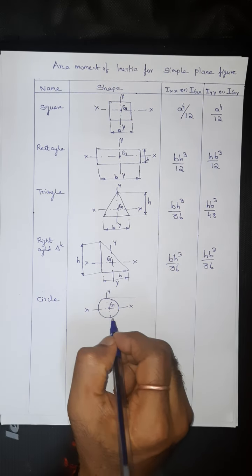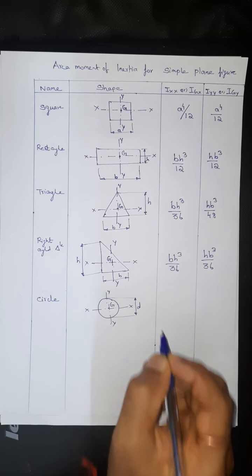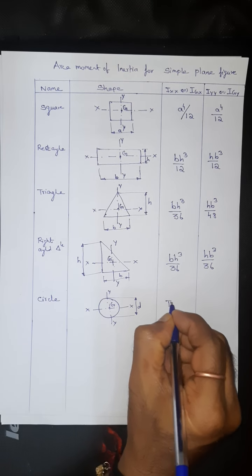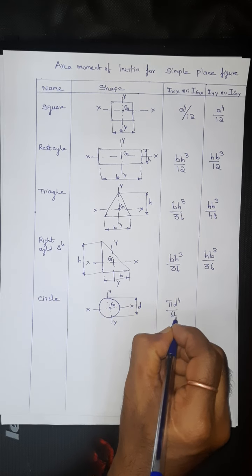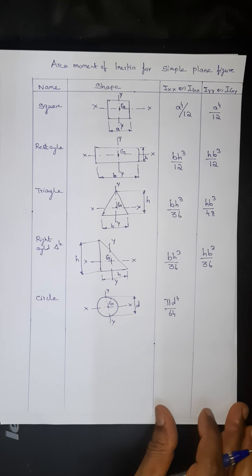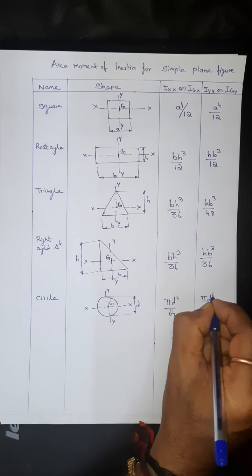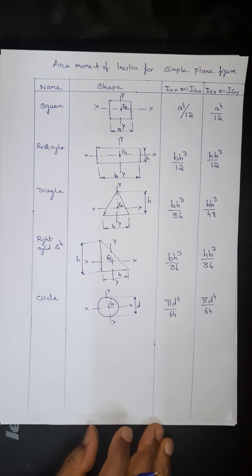And its diameter can be specified as D. Okay, and its x axis formula is pi D power 4 by 64. Similarly, for the y axis, it is pi D power 4 by 64.